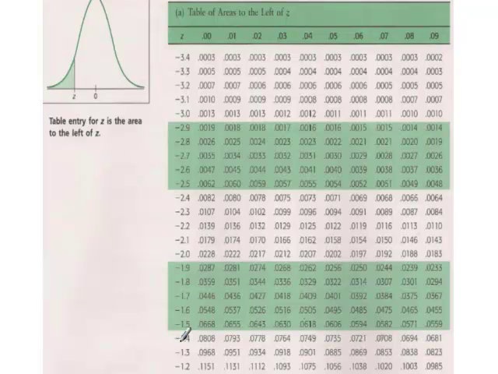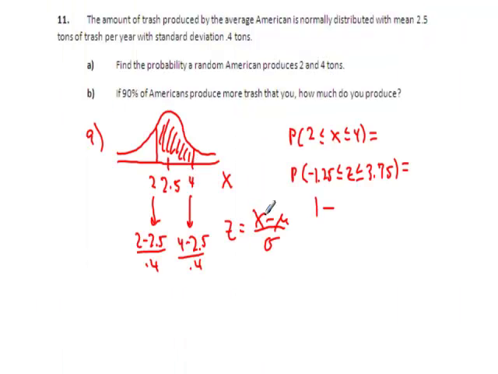So negative 1.2, slide all the way over to the 0.05 column, and we get 0.1056, and we'll take that away from 1, and we'll get our answer, which is 0.8944.